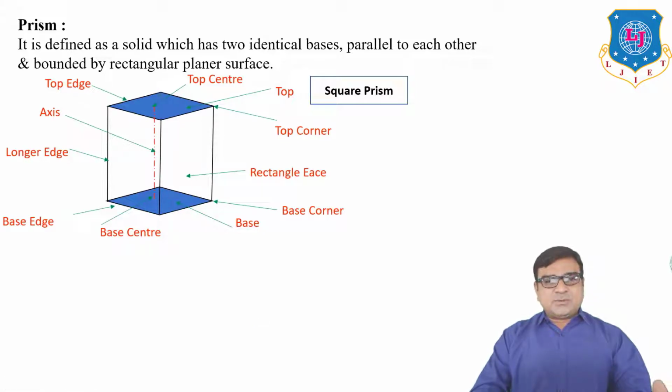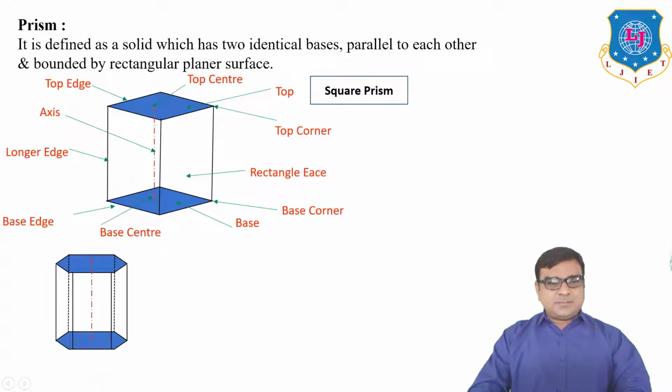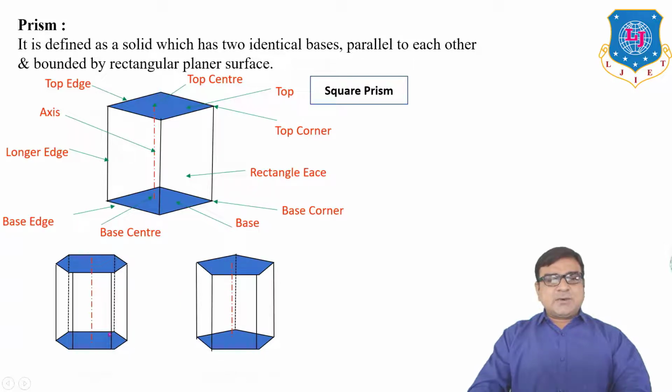We must know the information of all the lines in prisms. Now let us see another example of prism. This is hexagonal prism and another is pentagonal prism. In hexagonal prism, the bottom shape is regular hexagon, top surface is also regular hexagon, and there are 6 rectangle faces.